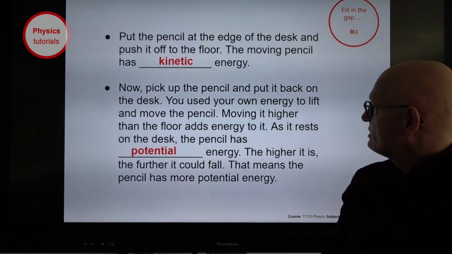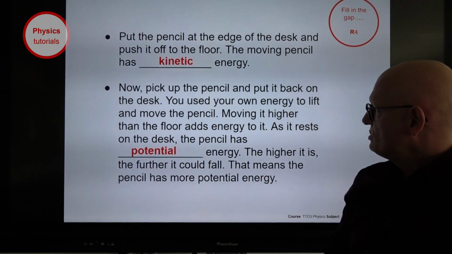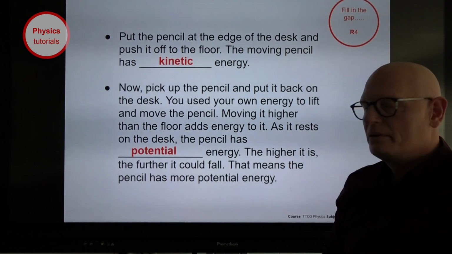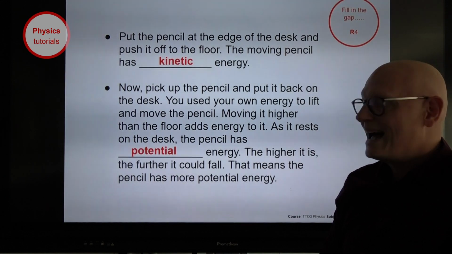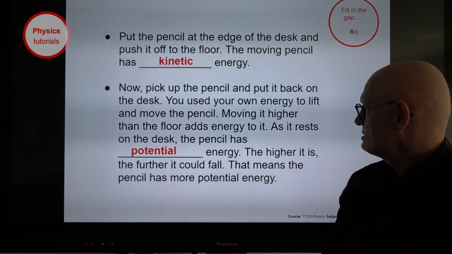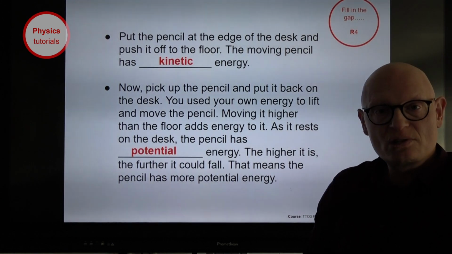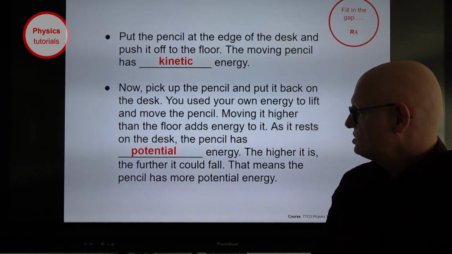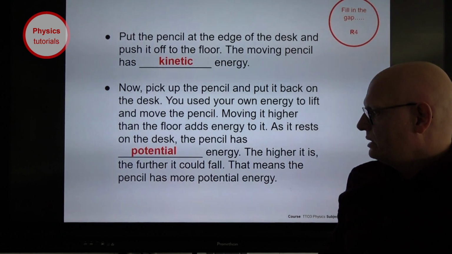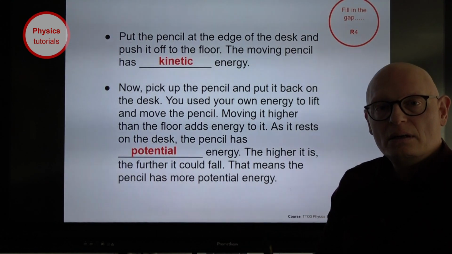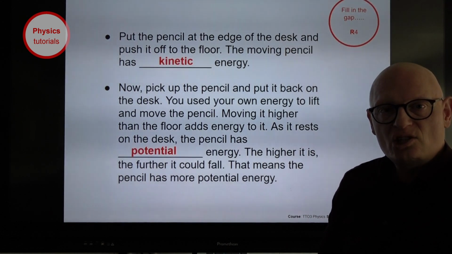Now pick up the pencil and put it back on the desk. You use your own energy to lift and move the pencil. Moving it higher than the floor adds energy to it. As it rests on the desk, the pencil has potential energy. When you put your pencil on the desk, there is an amount of potential energy.